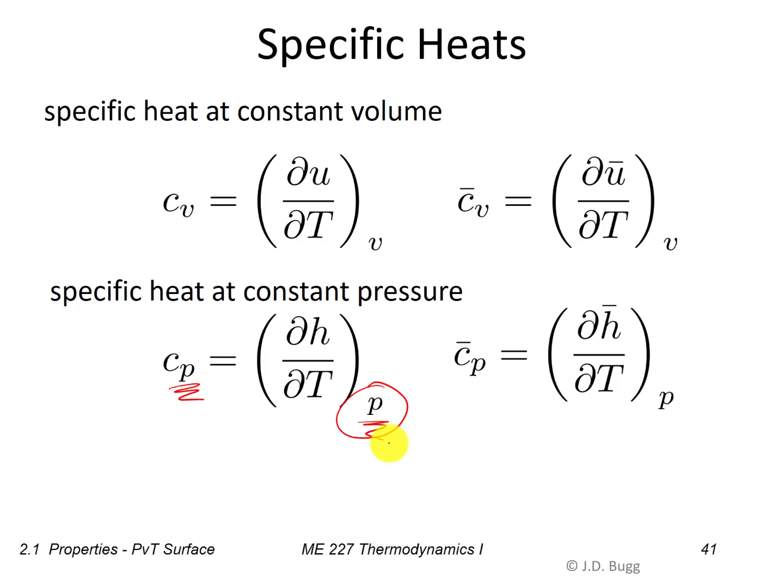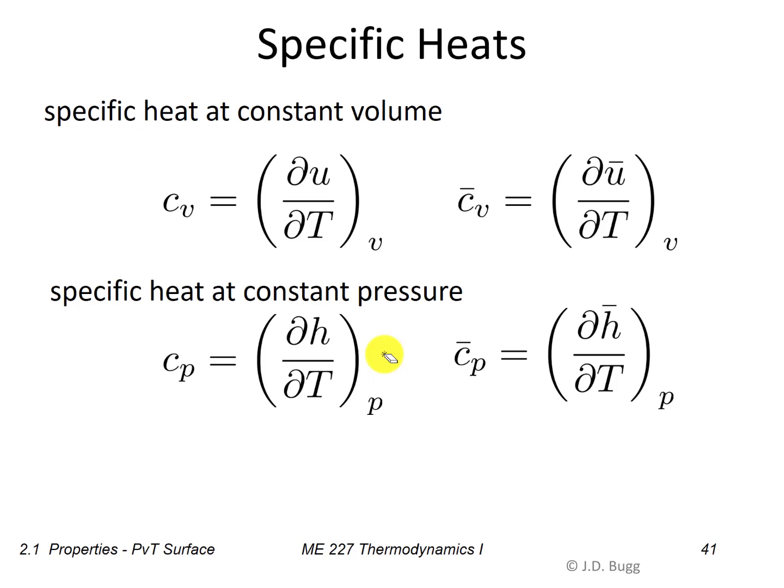And again, there's a molar version of that specific heat, just a bar over top of the H, therefore a bar over top of the C as well. So these are the two versions of specific heat that we're going to be talking about in this lecture. And they're very useful properties for calculating changes in internal energy and enthalpy from changes in temperature.